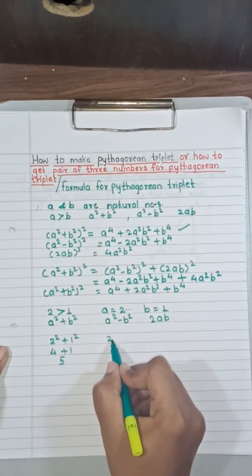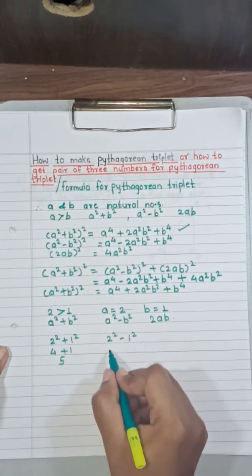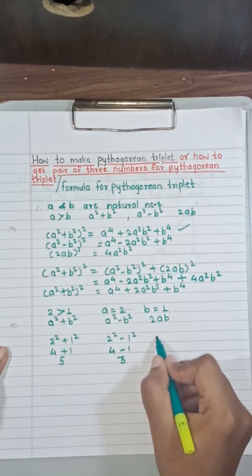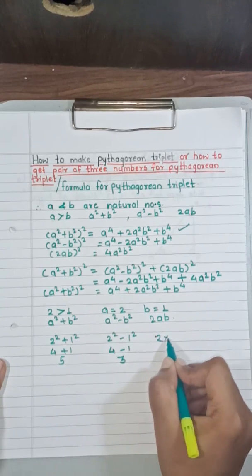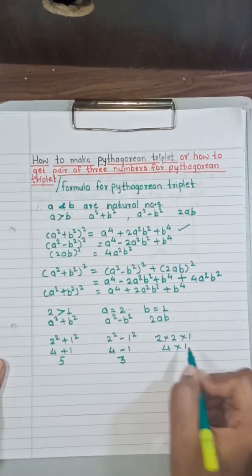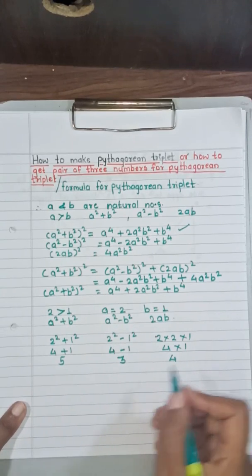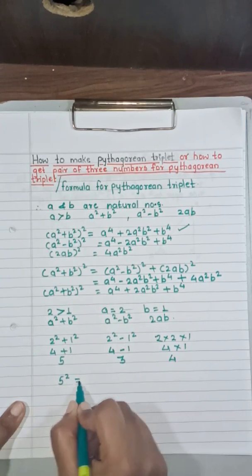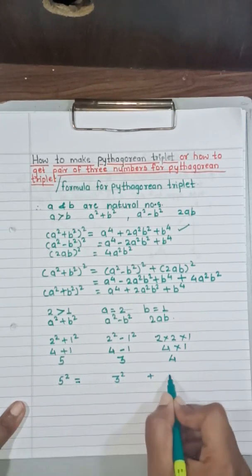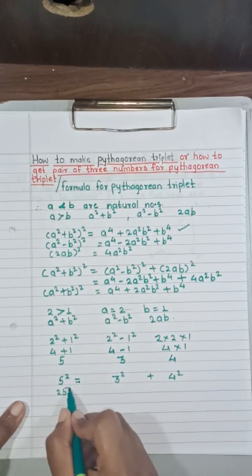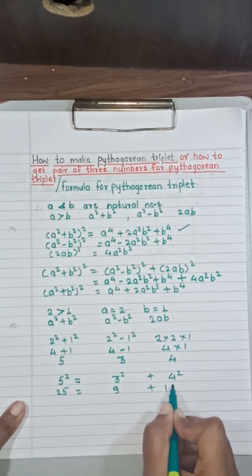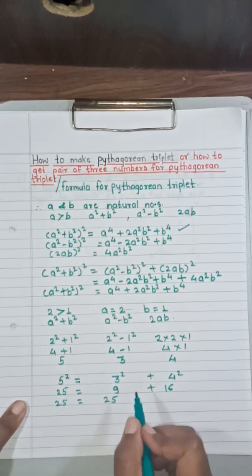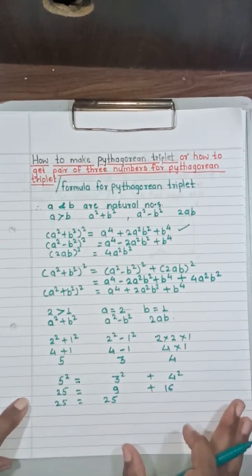Now 2 square minus 1 square, 4 minus 1, that is 3, and 2AB, that is 2 multiplied by 2 into 1, that is 4. Now if you square these numbers, 5 square is equal to 3 square plus 4 square, that is 25 is equal to 9 plus 16, that is 25 is equal to 25. So these numbers follow the Pythagorean triplet.